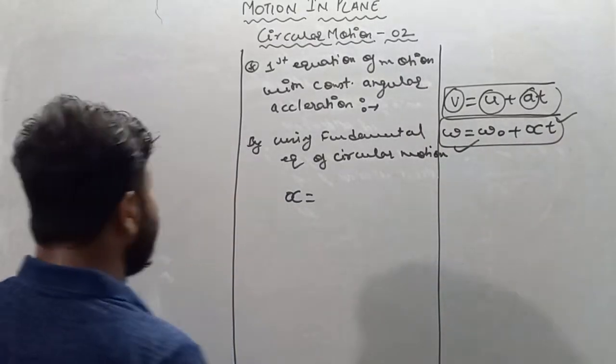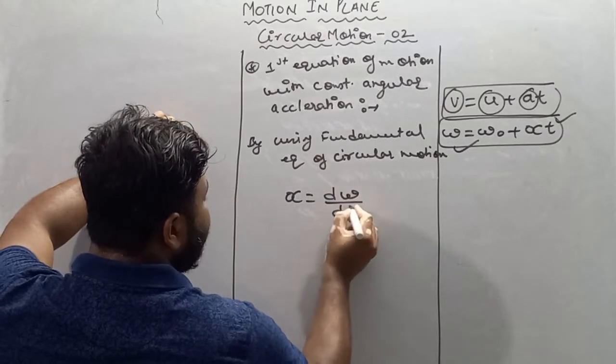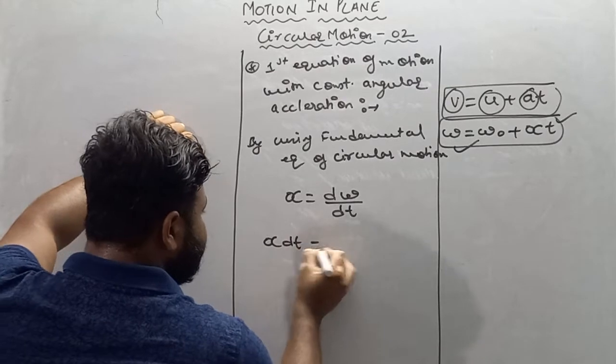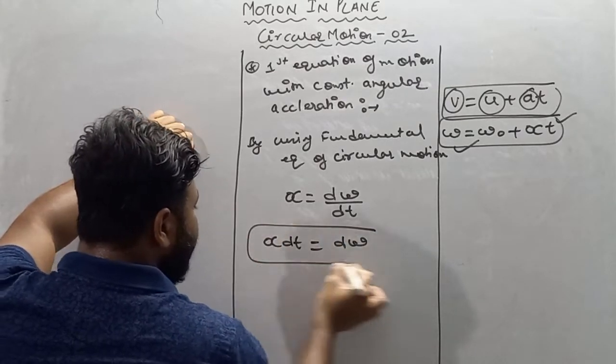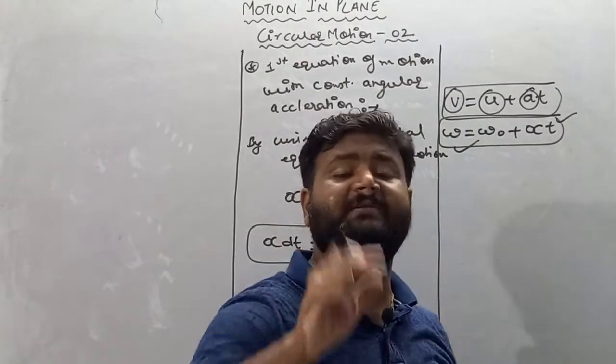So I am using the equation alpha equals d omega by dt. I am taking dt this side. So alpha dt equals d omega. So my dear student, d omega is nothing but small change in angular velocity.